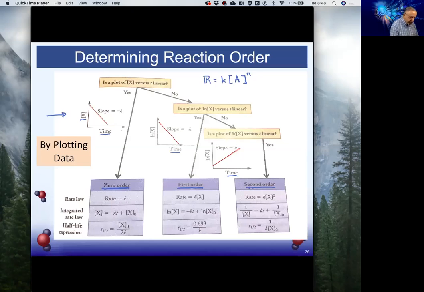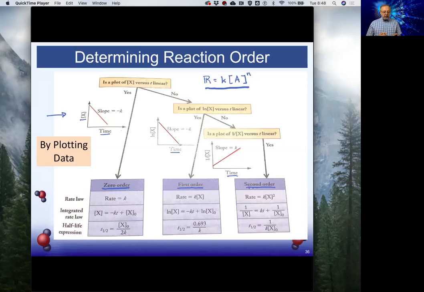Because this is the rate law, and if it's first order, that means that n is equal to 1. If it's second order, that means that this is A squared, and if it's zero order, it will be concentration of A to the power of 0.